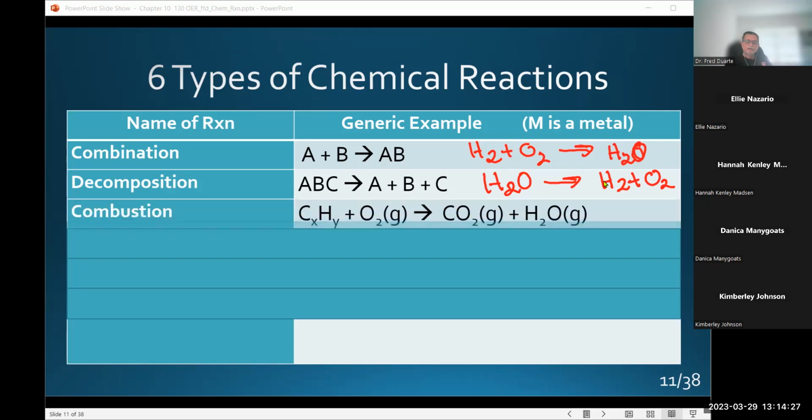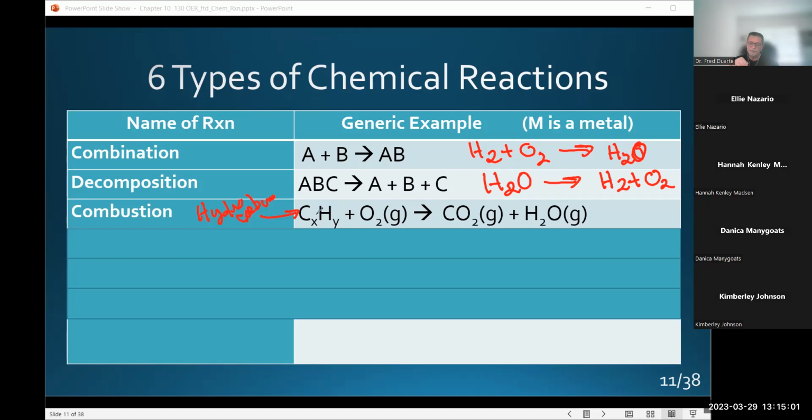All right. The next type is a combustion reaction. Now, for Chem 130, there's a variety of different types of combustion reactions, but we're going to focus specifically on hydrocarbons. Hydrocarbons are compounds that are made up of nothing but carbon and hydrogen.